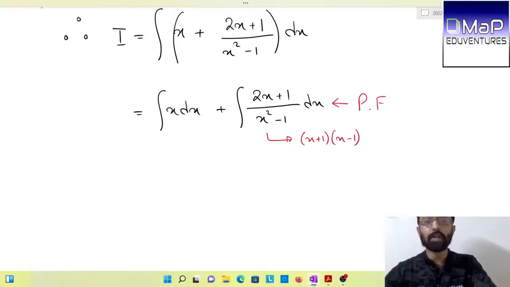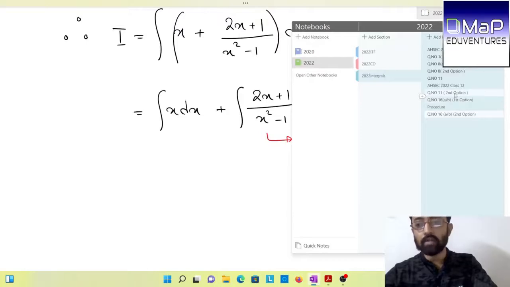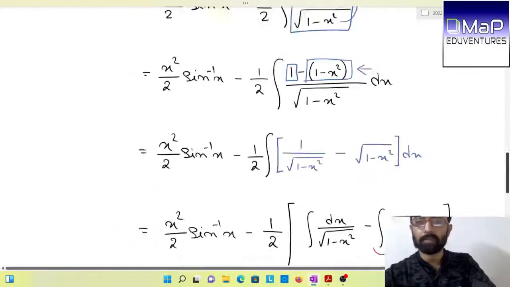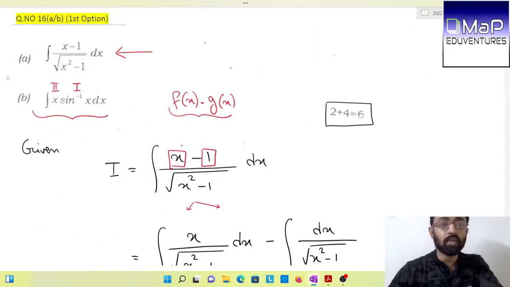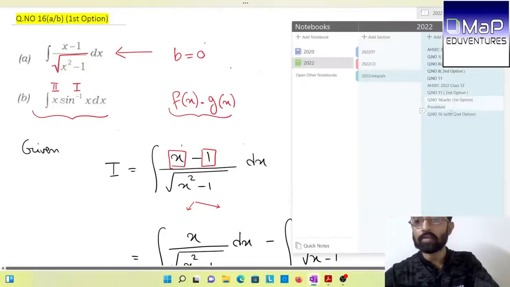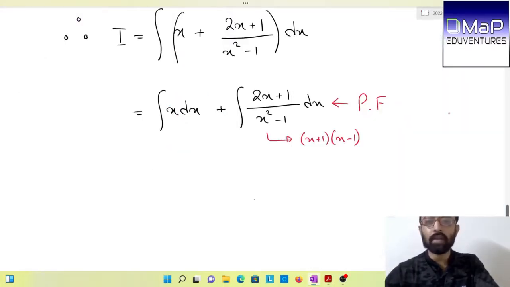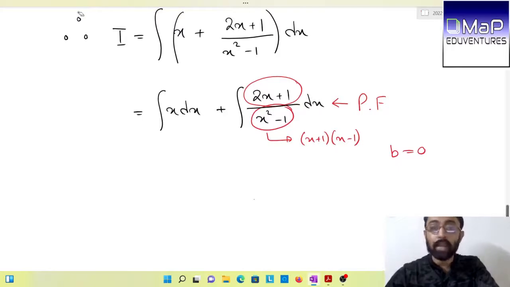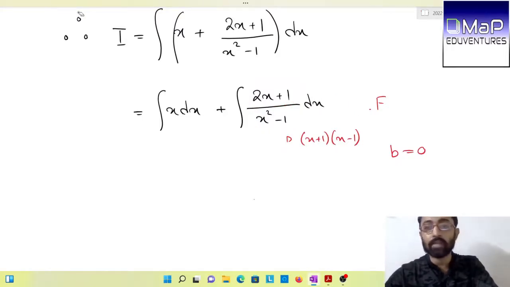But partial fraction we attempted earlier, which was over this first part. Remember the square root was extra there, here we have no square root, but the procedure is the same because we have linear by quadratic with b term 0. So the procedure will be exactly the same, exactly what we did, you will go through the same procedure.